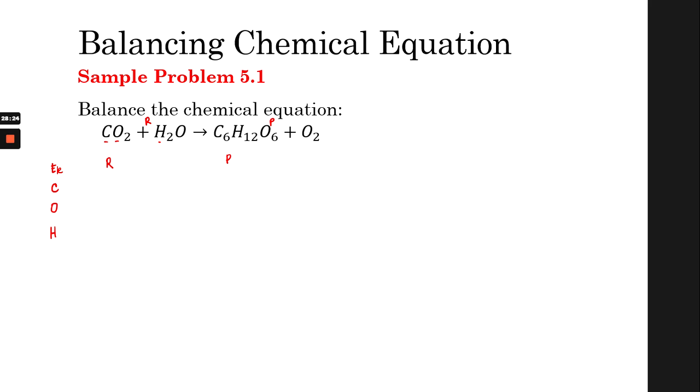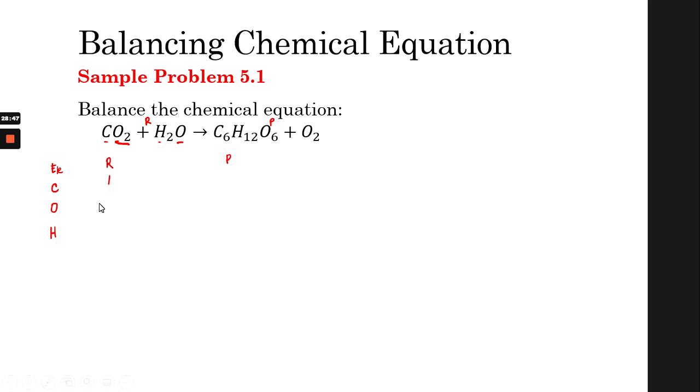So let's count the number of carbons in our reactant. As you can see, we only have one carbon. And then we have how many oxygen? We have two oxygen here, and then we have one oxygen here. We have a total of 3. But instead of writing 3, I'm going to separate them.